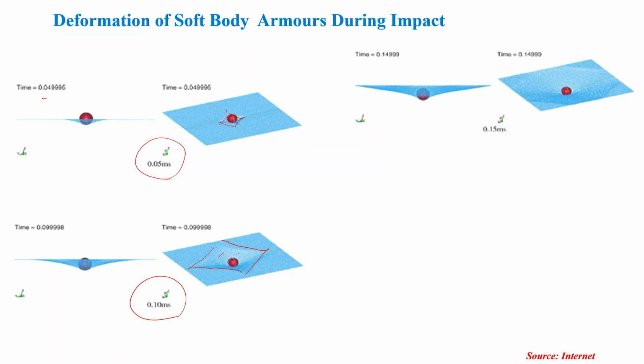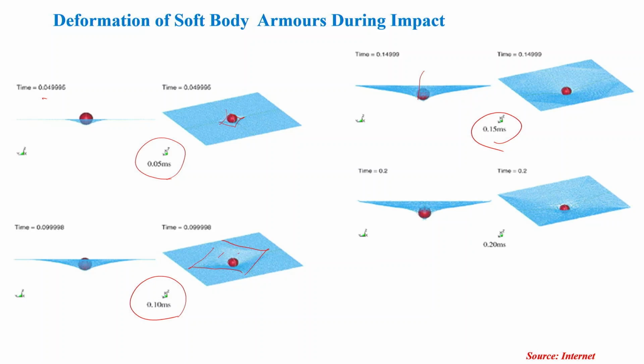At 0.15 millisecond, the depression is penetrating through the structure, and the other side has started breaking. At 0.2 millisecond, this layer is not able to prevent it and damage has taken place, although sufficient energy has been absorbed.